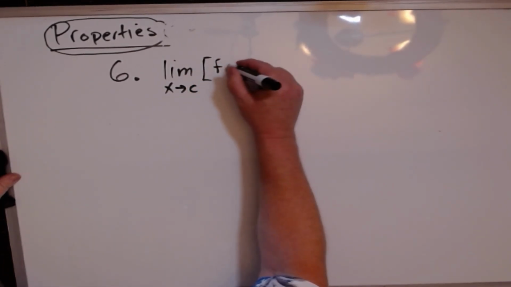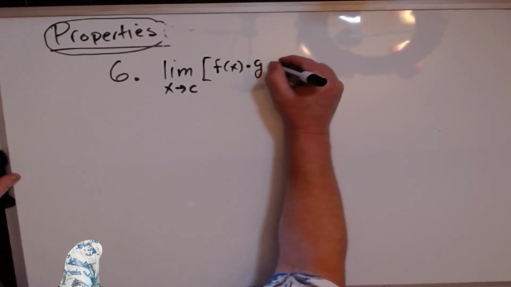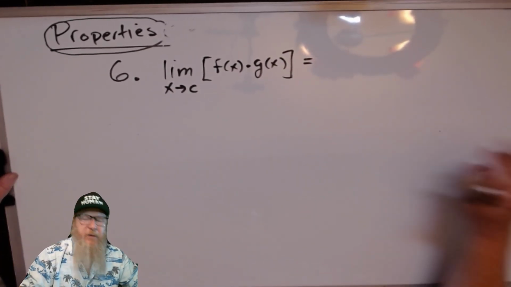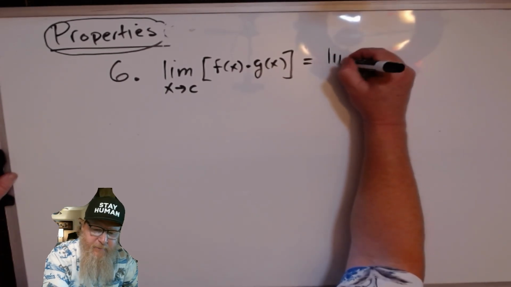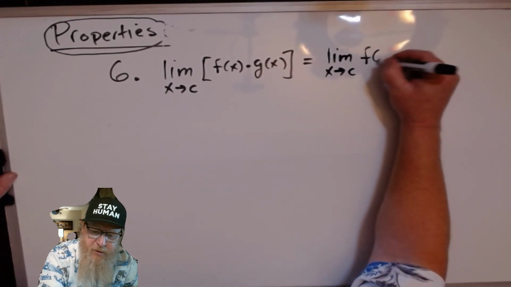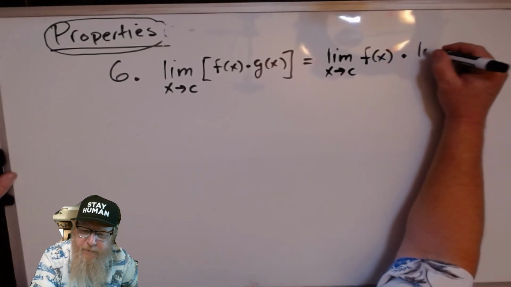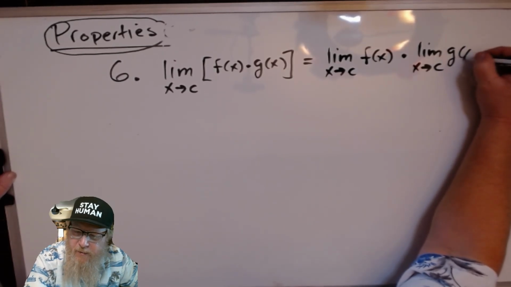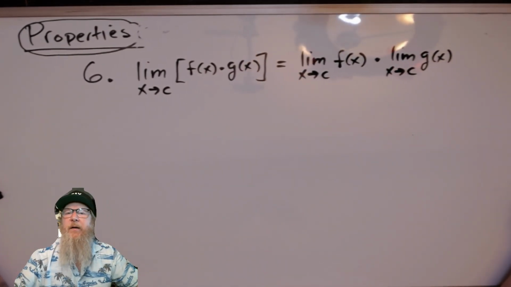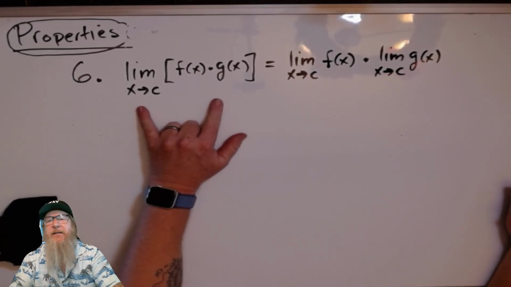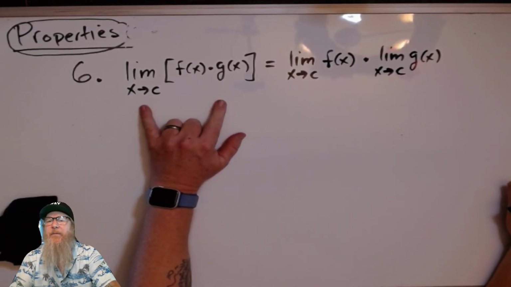If you have the product of two functions, you can distribute the limit to each of the functions. That's actually interesting because in algebra, there's no such thing.